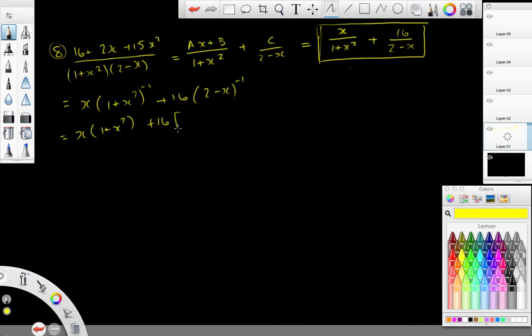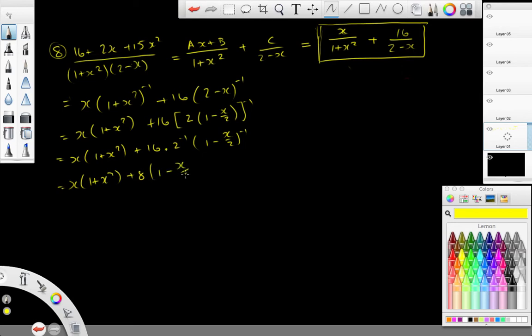So we've got 2 times (1 minus x over 2) to the minus 1, which is going to equal 16 times 2 to the minus 1 times (1 minus x over 2) to the minus 1. 2 to the minus 1 is a half, so 16 times a half is 8, so that's going to equal x times (1 plus x squared) to the minus 1 plus 8 times (1 minus x over 2) to the minus 1. Sorry, I keep forgetting to put the power minus 1 into these. My apologies.